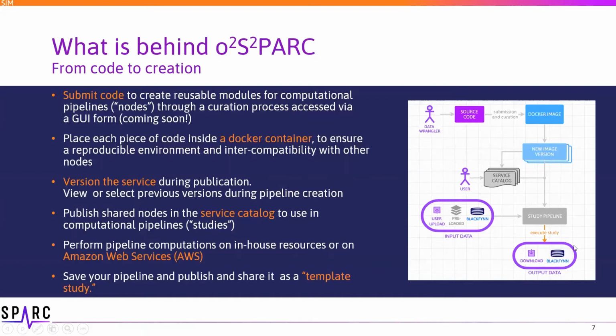Once that study pipeline is finished, you can download the results to your personal computer, or you can push them out to Blackfin. Or what you can do after it's done running is save your study pipeline as something called a template study that you can again share with other SPARC members.